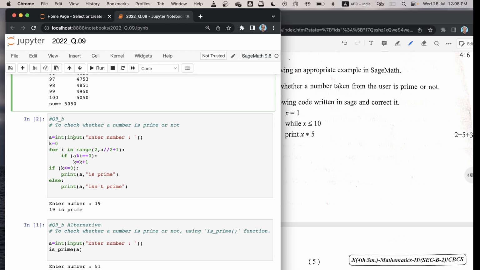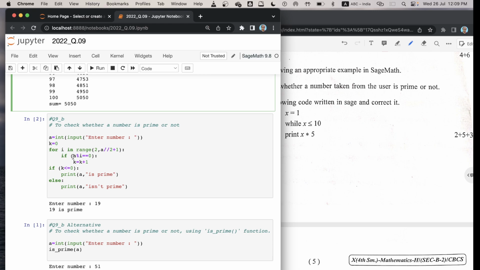Here a equals integer type input, k equals 0, for I in range 2 comma a/2, quotient division, plus 1. Plus 1 means for this I the final value of the range is a/2, and the step is 1.